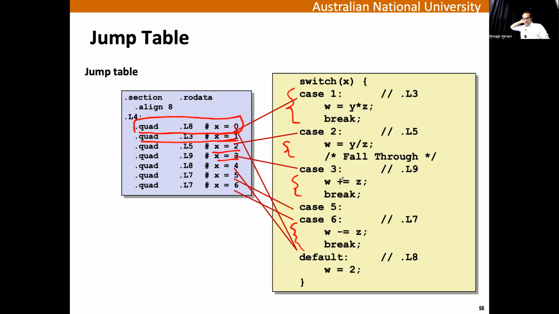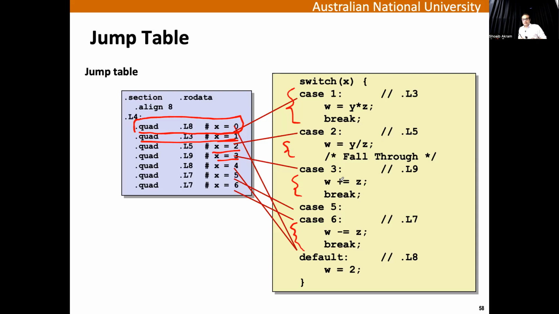If your case range is not contiguous, no, you don't need 1,000 entries. So the question is, if we replace case 6 in the C code with case 1,000, will our jump table require 1,000 entries? No, you will do something smart and divide your switch with 1,000 and then use that range.